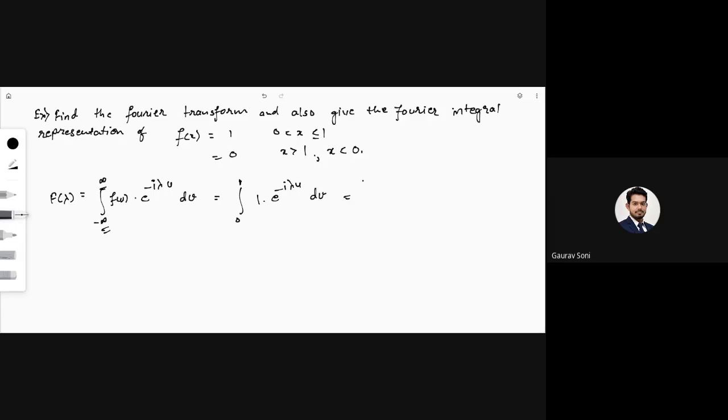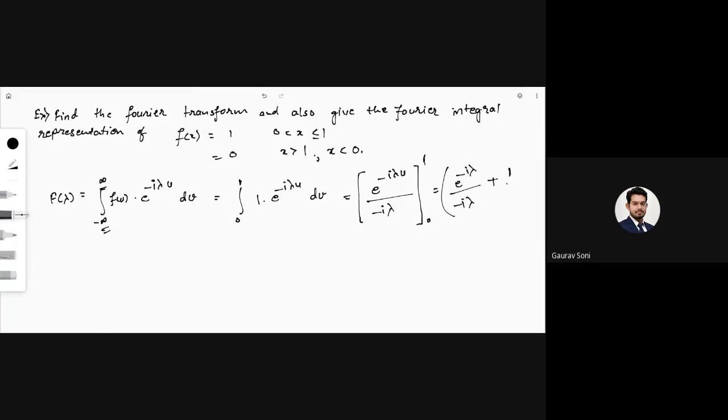What will be the integral? Integration of e to the power minus i lambda u is e to the power minus i lambda u, minus i lambda being constant will come in the denominator, limits from 0 to 1. If you put the upper limit, e to the power minus i lambda upon minus i lambda, minus, then you put the lower limit e to the power 0, it will become 1.